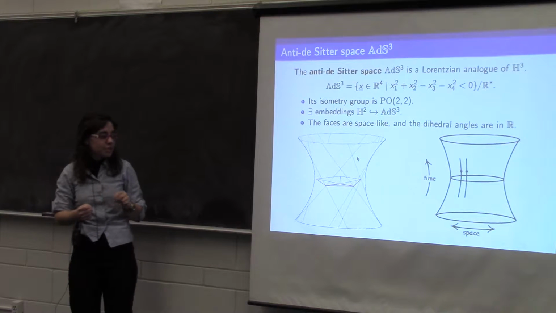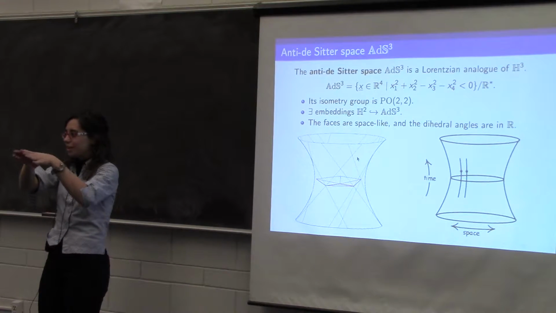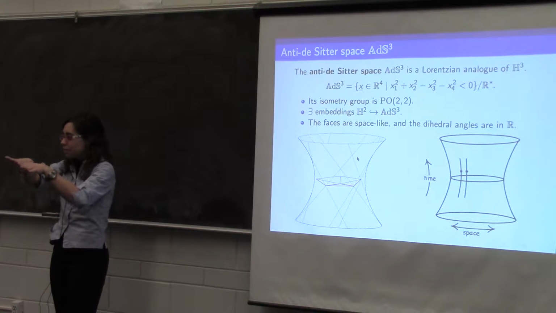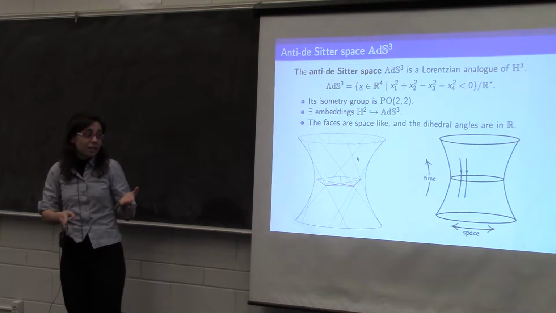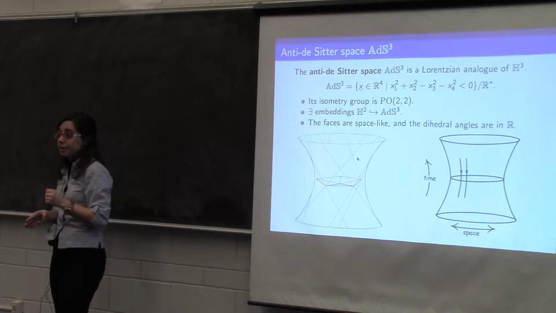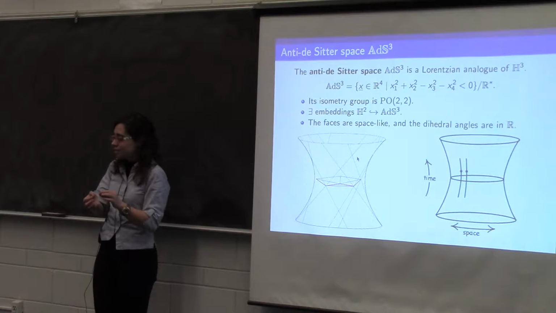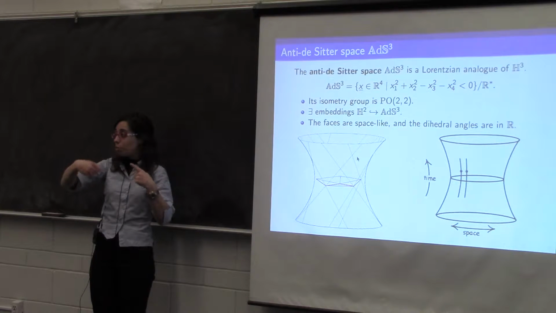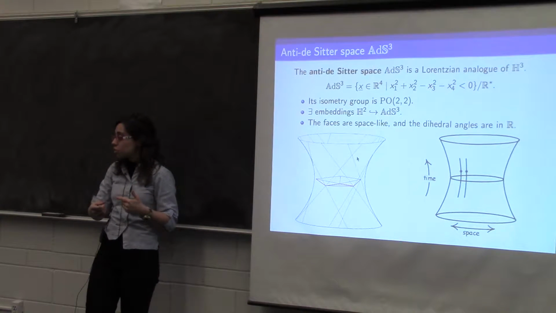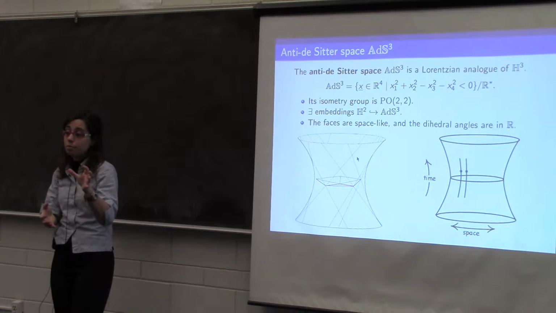Second difference is that the angles, so in hyperbolic geometry, if you look at dihedral angles, they will be numbers between 0 and 2 pi, okay? Here, no, here angles are real numbers. And a good reason to see that is that in hyperbolic space, you take a geodesic, you look at the isometry group that fixes this geodesic, and this group is an SO(2), okay? So it's a compact group.